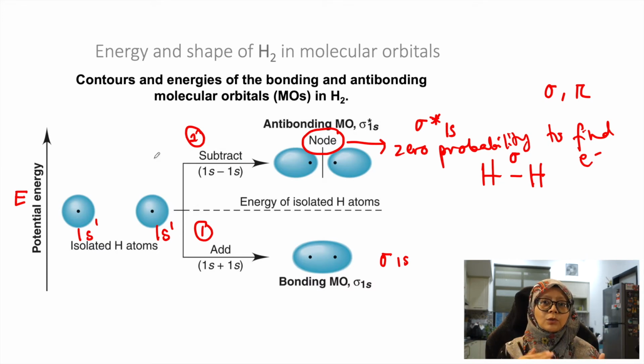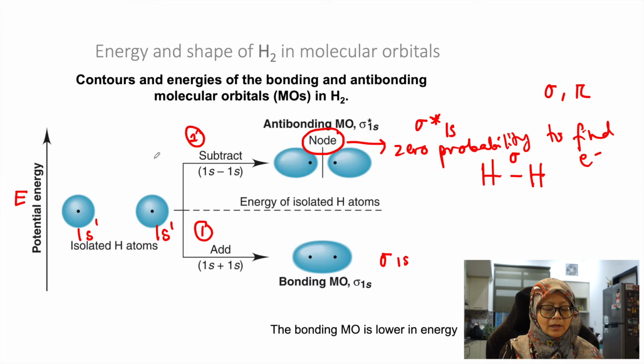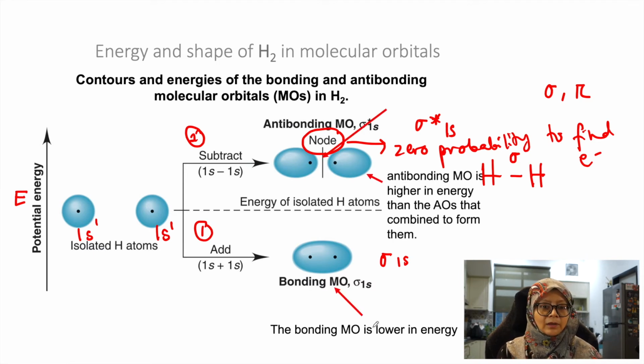You need to show the bonding and also the anti-bonding. The bonding molecular orbital is always lower in energy, while the anti-bonding is always higher in energy compared to the atomic orbitals that combine to form them.